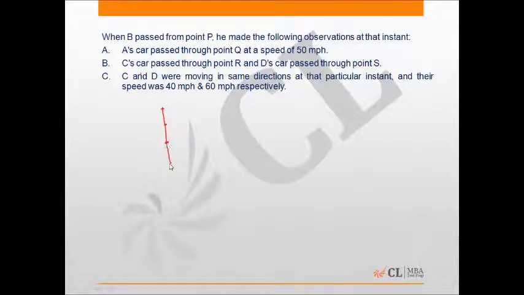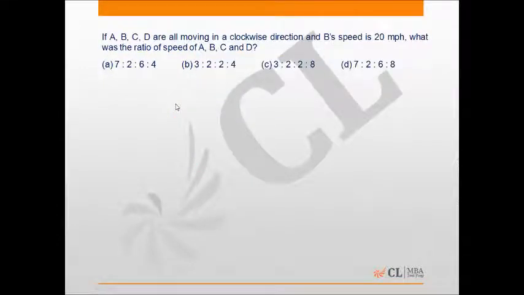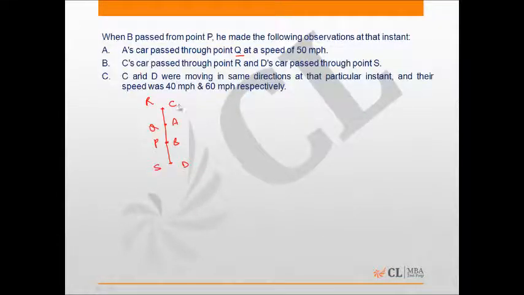Let's say this is P, this is Q, this is R, and this is S. Now A is at point Q, C at R, and D at S. So B has to be at P, and the speeds of C and D are 40 and 60 with respect to B. They are moving in the clockwise direction. That means C will move in this direction, A will move in this direction, B will move in this direction, and D will move in this direction.